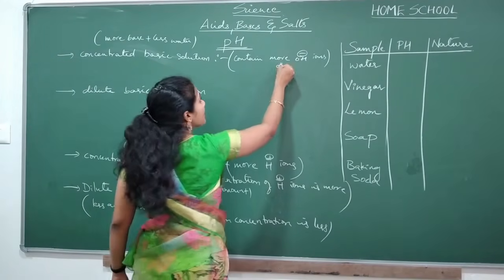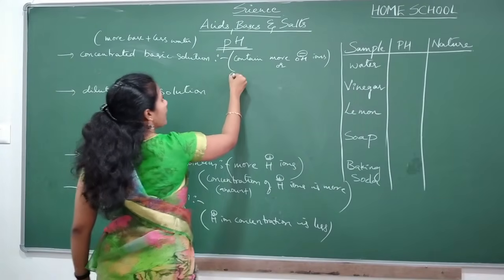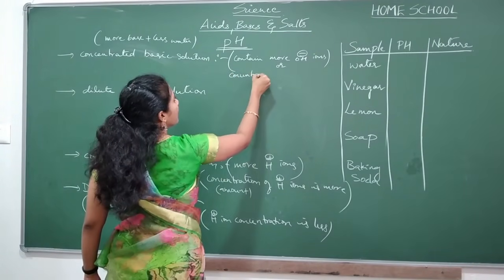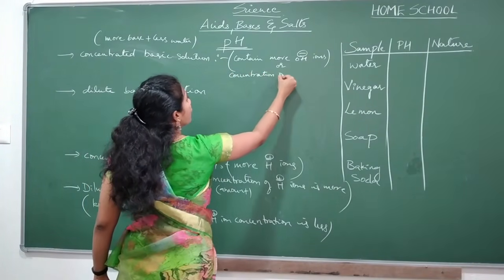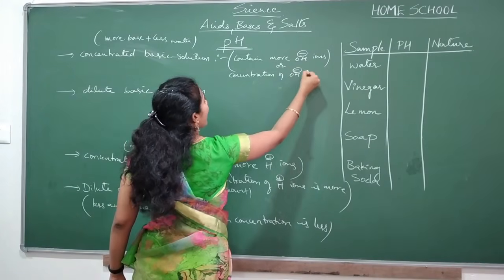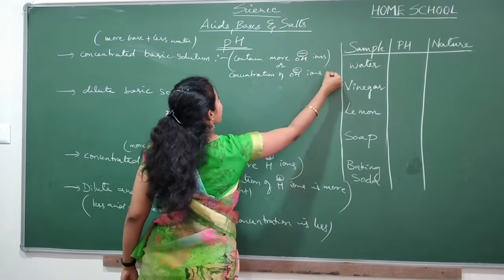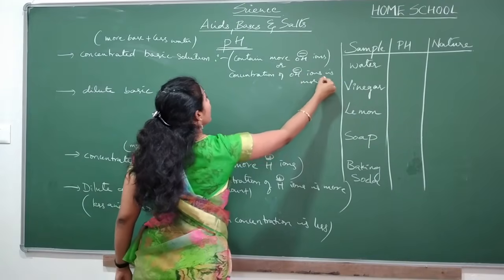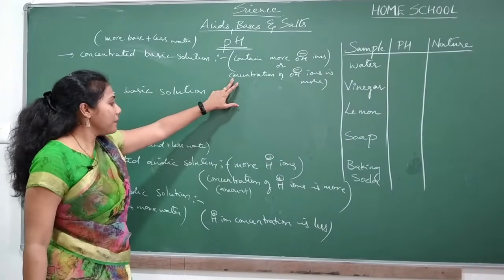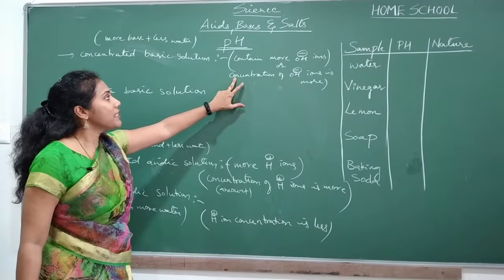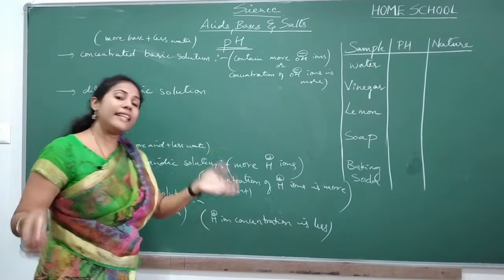In other words, what I can say? The concentration of OH minus ions is more. So what is the meaning of the word concentration? Amount or number.